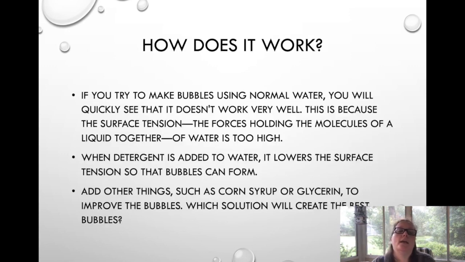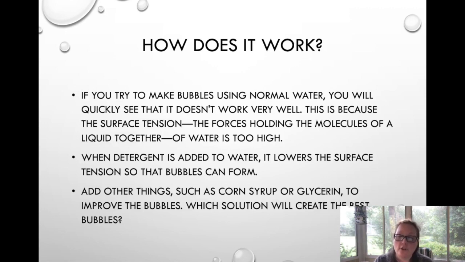So, like I was just saying, if you try to make bubbles using normal water, it doesn't work. The forces holding the molecules of the liquid together are too high, so it just breaks. If you remember, I also talked about when it gets hot, it turns into steam. It's the bonds breaking that causes it to happen so fast.